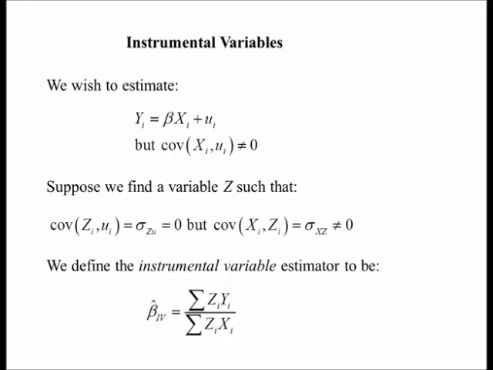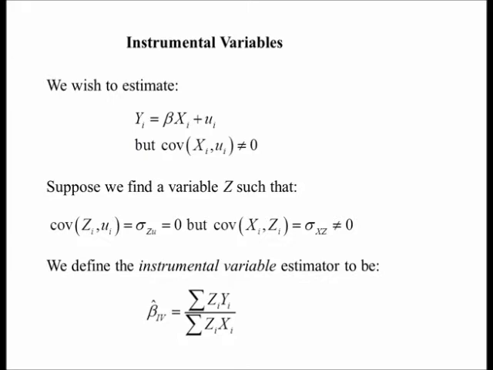How can we go about finding a consistent estimator? Well, suppose we can find a variable z which has the following properties. First of all, the covariance of z and u should be equal to 0. So notice how that contrasts with x. We want to find another variable z which is not correlated with the error term. So the covariance of z and u is equal to 0.